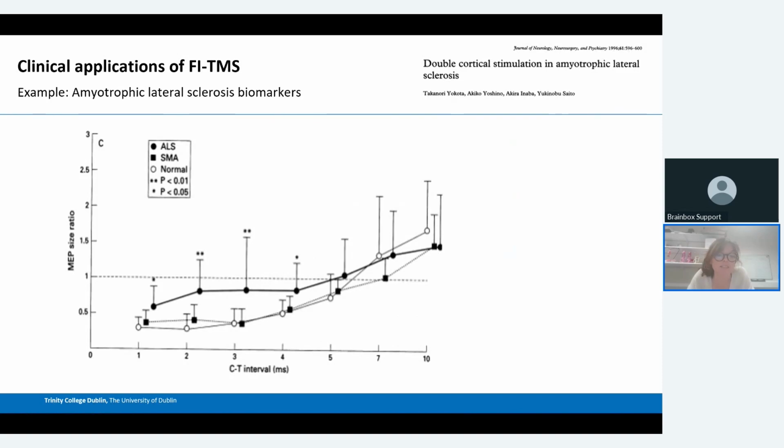And what you can see is that nice robust inhibitory effect of the conditioning stimulus in both the healthy controls and the people with spinal muscular atrophy. But if we look at people with ALS, the conditioning stimulus doesn't seem to be having nearly as much of an effect, indicating that this GABAergic inhibition that we're eliciting with the conditioning stimulus is not happening, or is happening to a lesser degree.